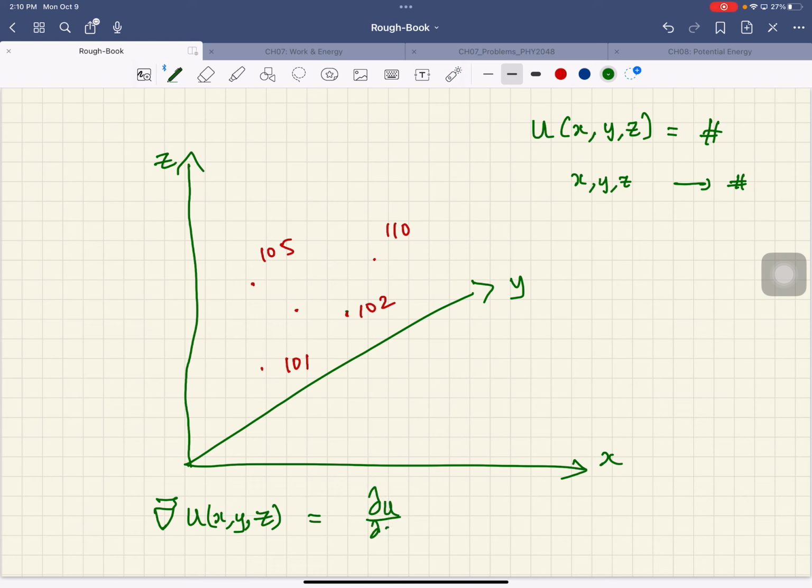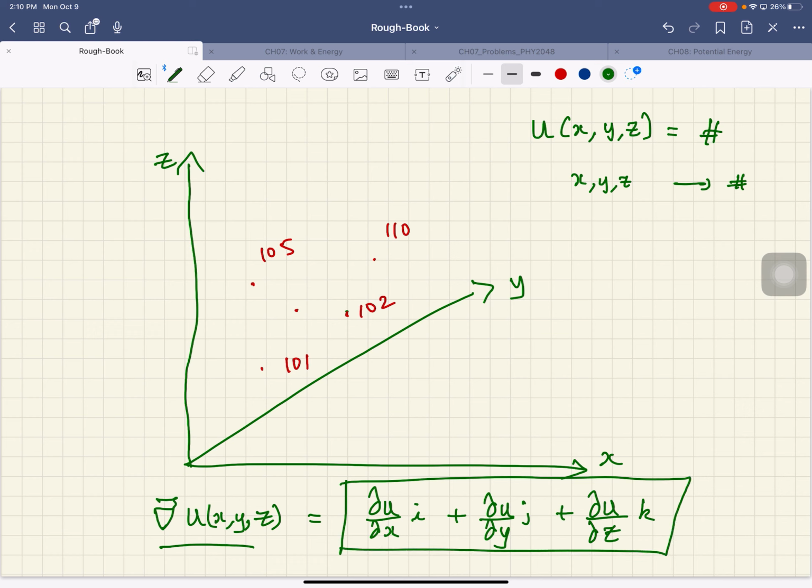Del u by del x, you understand that? That's the partial derivative of u, i, plus del u by del y, even I understand that. And del u by del z, and Landon understands it. Okay, so the gradient operator is this guy. And what does it give you? The fastest rate of change.